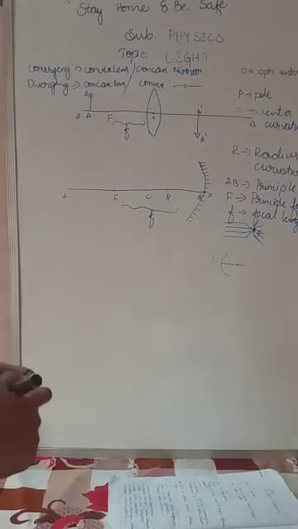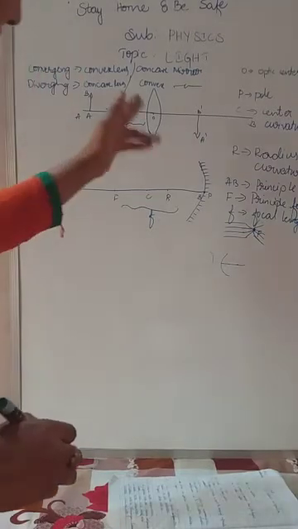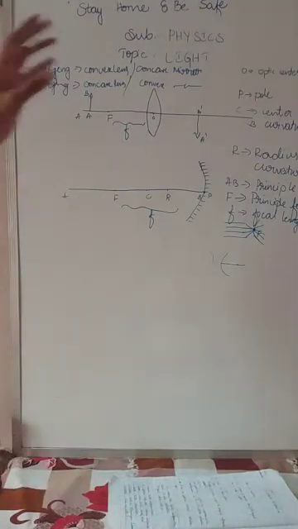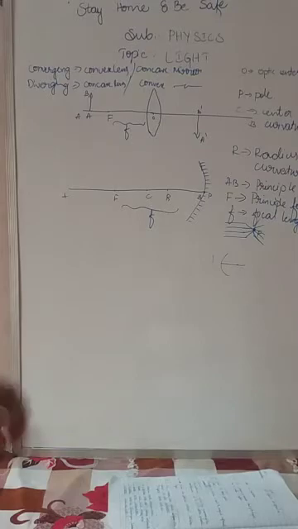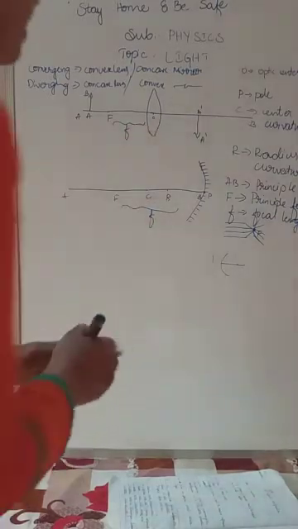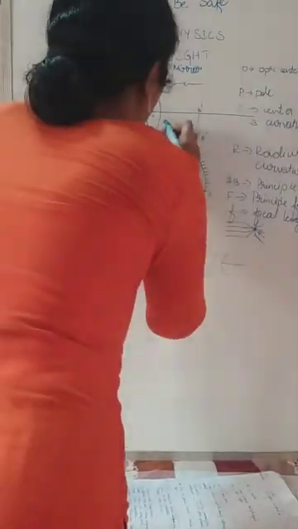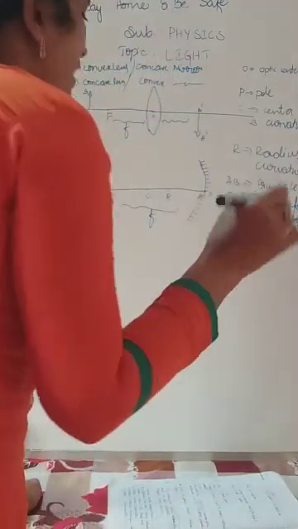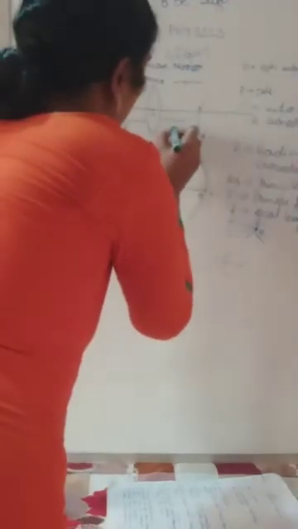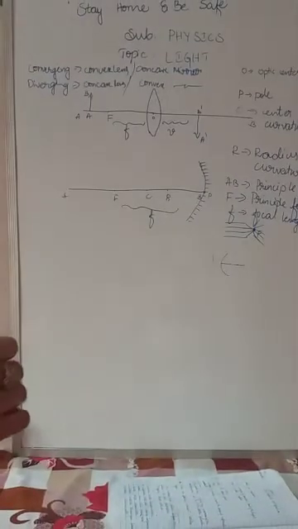What is meant by image distance? The distance between the center and the image is called the image distance. That is denoted by the small letter v. Very important.